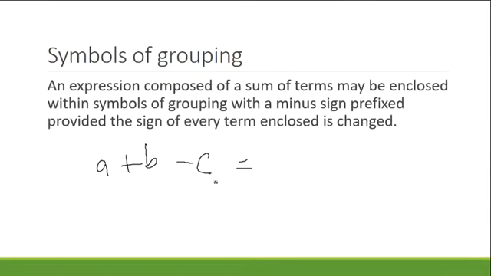Kunyari, gusto kong i-group itong B and C, A, gusto kong prefix na sign ay negative sa grouping na yun, kailangan ko lang gawin ay palitan yung sign nito. Negative B, at yung negative C mo, magiging positive na siya.